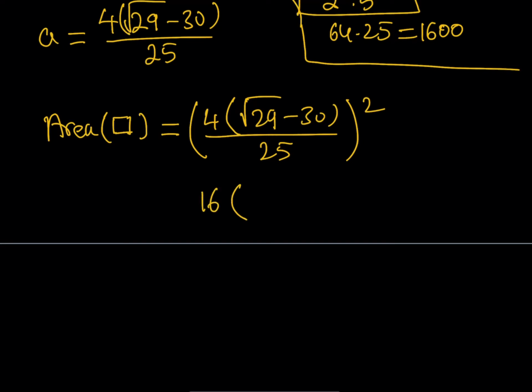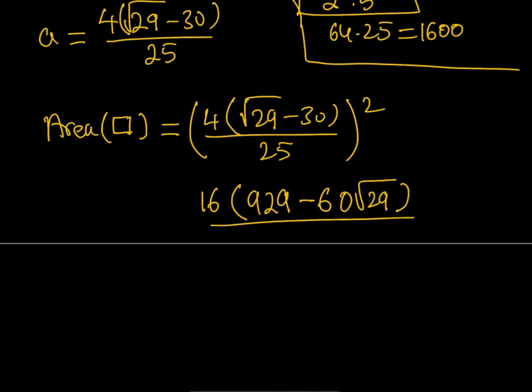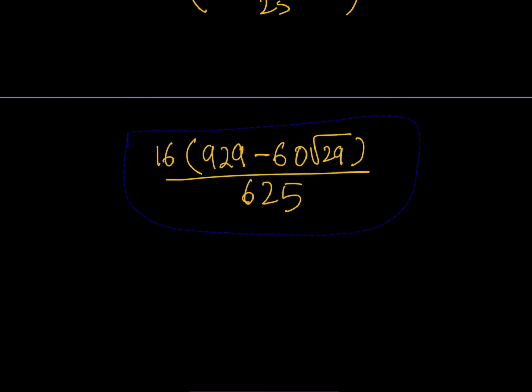And then this expression squared is going to be the square root of 29 squared is 29, plus 30 squared, which is basically 929, right? Minus 60 square root of 29. And then that'll be divided by 25 squared, which is 625. Okay? So if you don't like that to be cut off like that, we can go ahead and move it here for your convenience so it looks better.